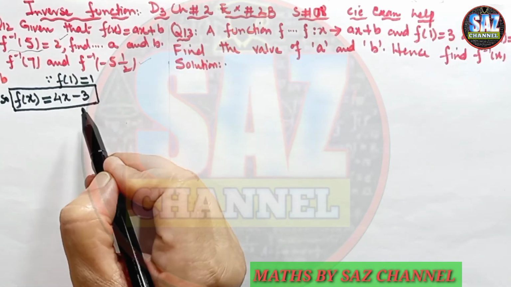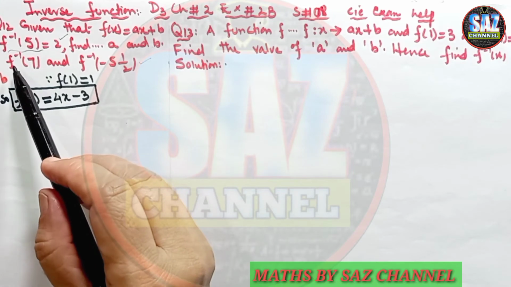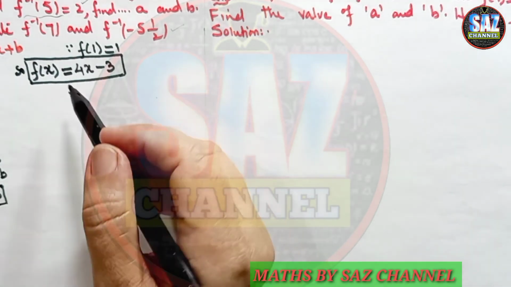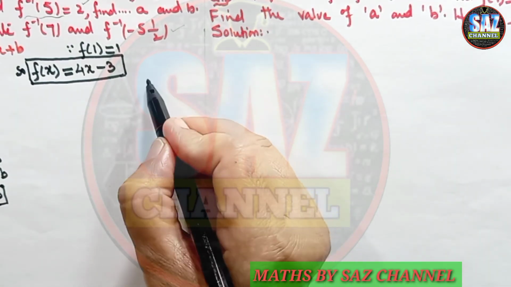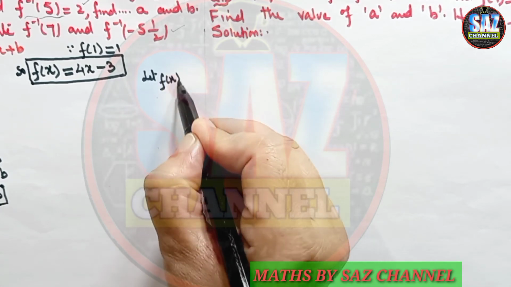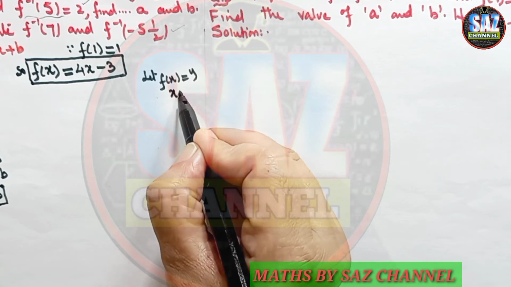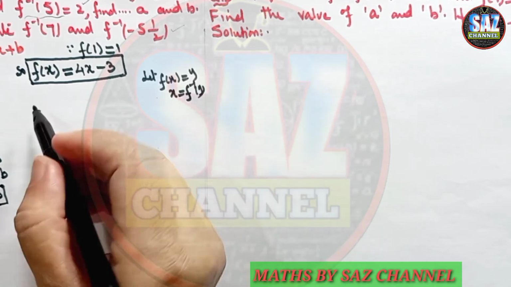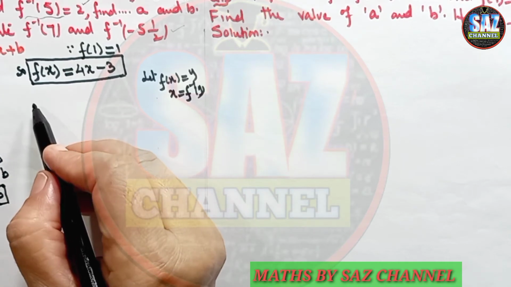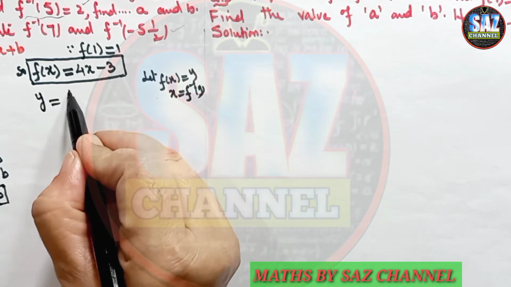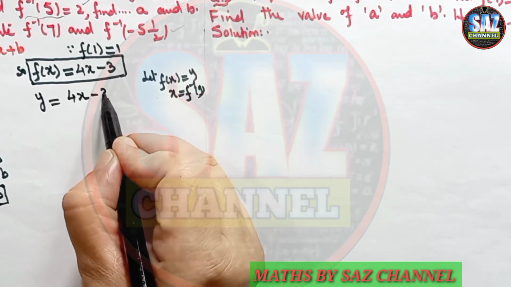Now I have to find the solution of f inverse of 7, so I have to find f inverse of this function. We know in order to find the inverse, I have to suppose that f of x equals y and x equals f inverse of y. So for that purpose, I will replace f of x by y equals 4x minus 3.